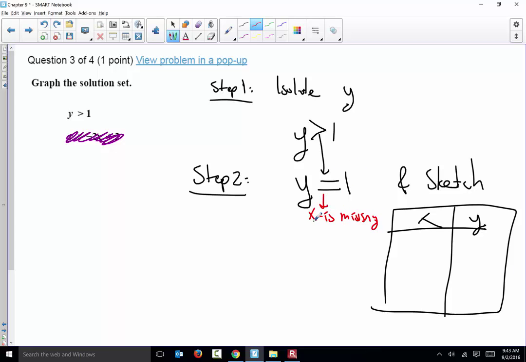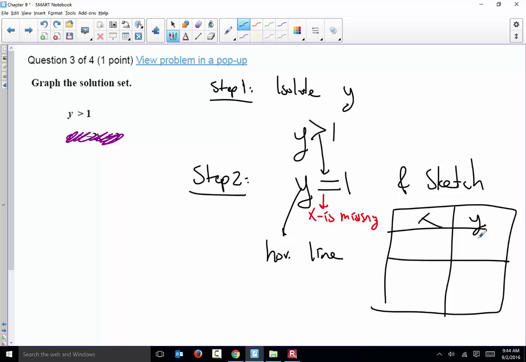It's always y is 1, 1, 1. No matter what x you choose, it's always going 1 unit up and making a point there. Horizontal line, yes. This is a horizontal line 1 level above the x-axis. It's a no-brainer.